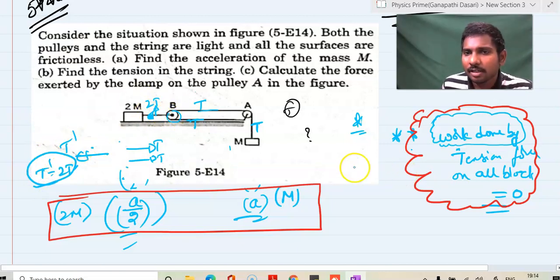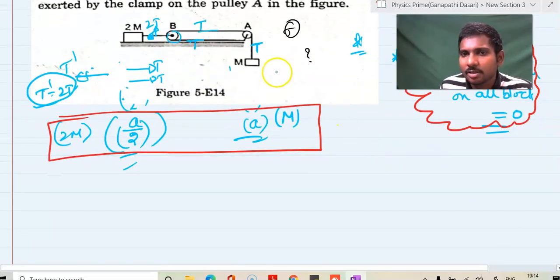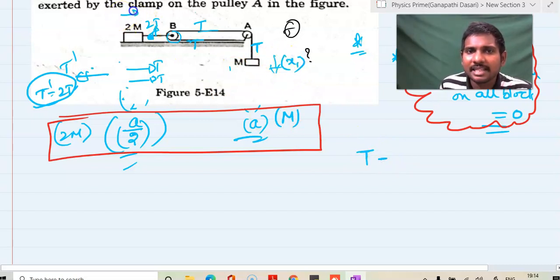So now, for this m block, I am going to write the work done. I am assuming it is going downwards, so tension is upwards. I am considering the distance to be x1, and I am considering this 2m block to go by x2 distance. So what is the work done by tension?